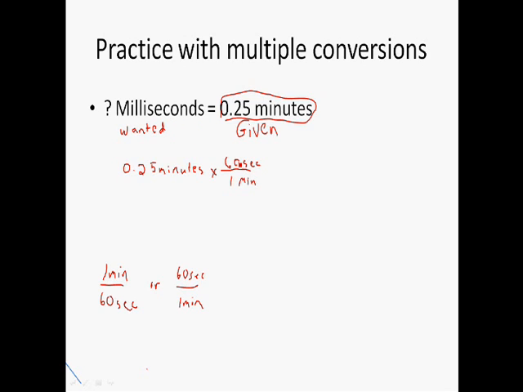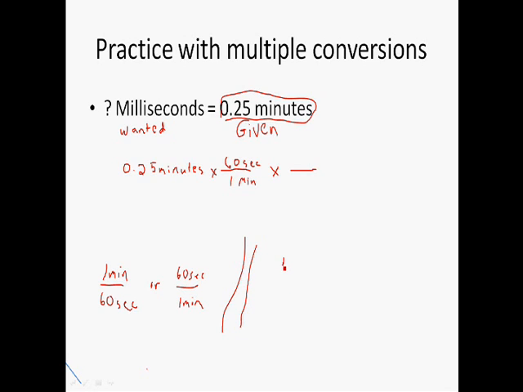What do I know about a milli? I know that milli, the prefix milli, means 10 to the negative third. So there's a couple of different ways to write this. If I have 1 second, I know that that's 1,000 milliseconds.